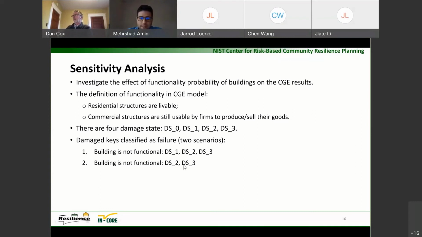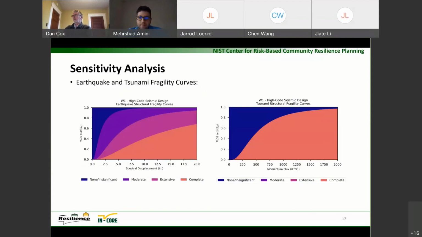Before going to the capital stock shock and CGE output, just a comparison between the hazard fragility curves. The left figure shows the earthquake, and the right figure shows the tsunami structural fragility curves. As you can see, for earthquake, we have very detailed information for different damage states: none, moderate, extensive, and complete.